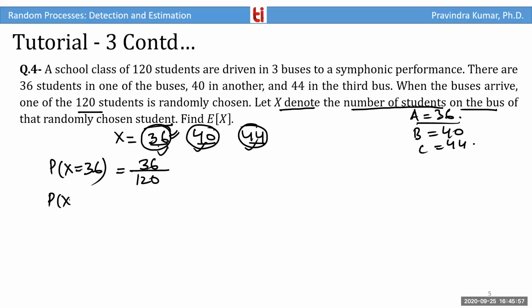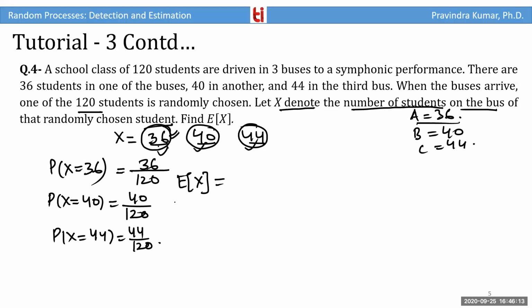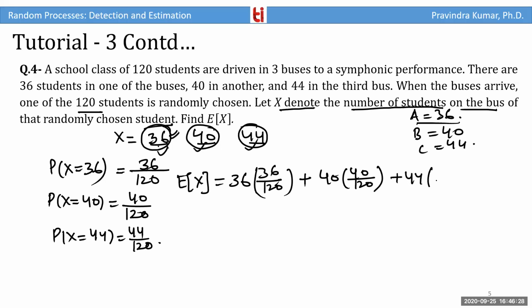Then the probability is 40 by 120, and for 44 it is 44 by 120. So the expected value is 36 by 120 plus 40 by 120 plus 44 by 120.